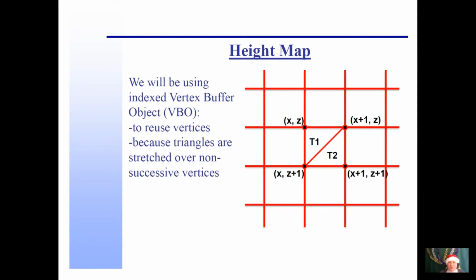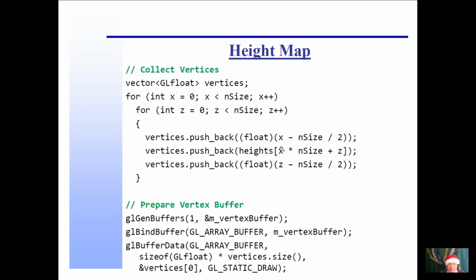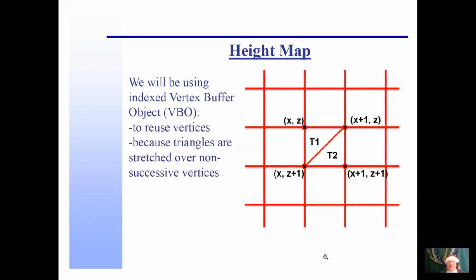Now it's important to notice that we have a rectangular grid, and the faces that we are going to create are triangular. So each square has to be divided into two faces, T1 and T2, or triangle 1, triangle 2. But also you have to notice that if we store the vertices as we did here in this loop, we will store them by row and column.